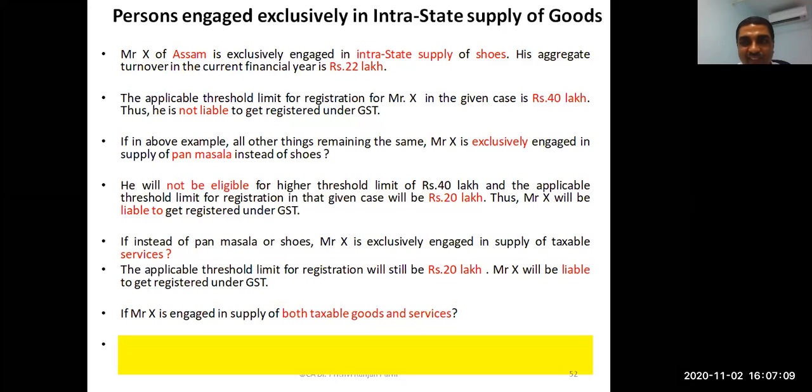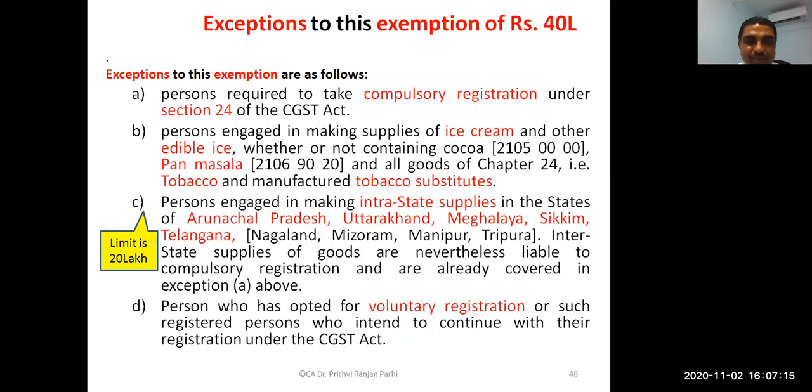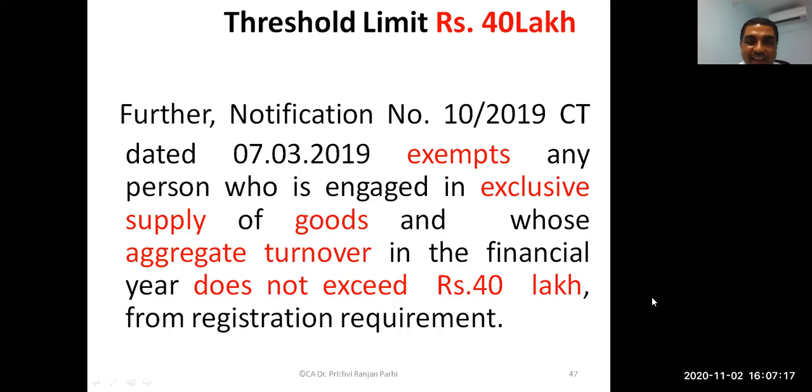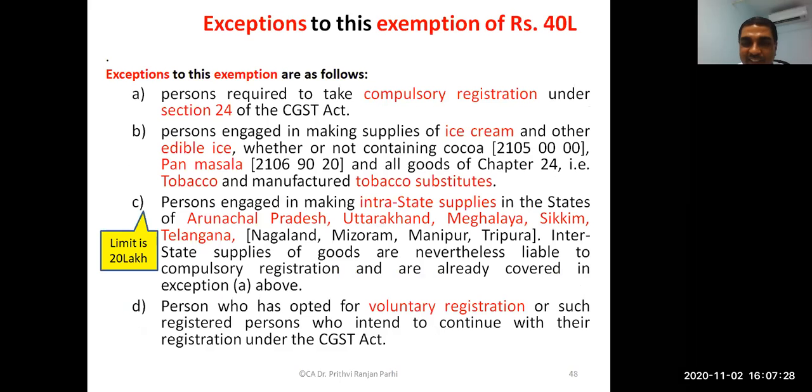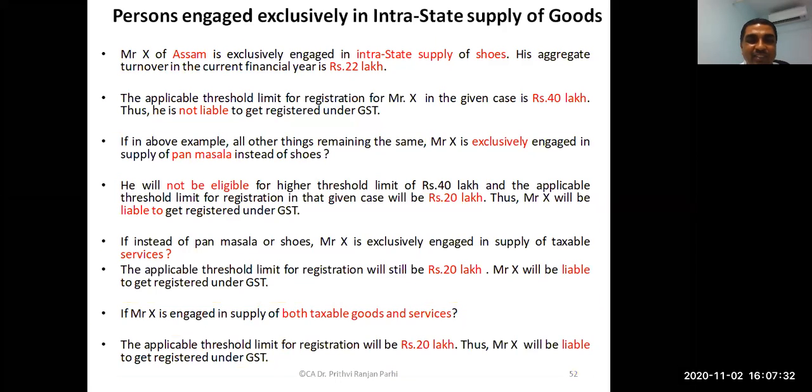Again, I draw your kind attention to what we have learned. The 40 lakh is applicable if someone is engaged exclusively in supply of goods. But here it's not exclusively goods. It is for goods as well as services. So the limit will be 20 lakh, not 40 lakh.